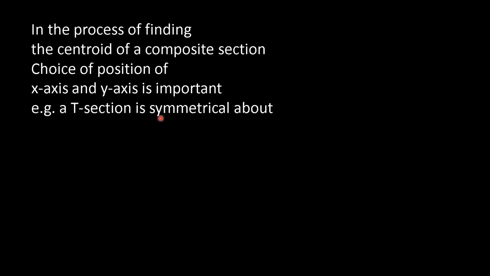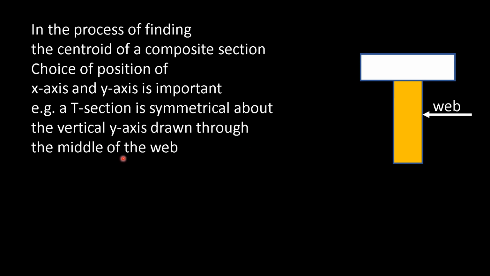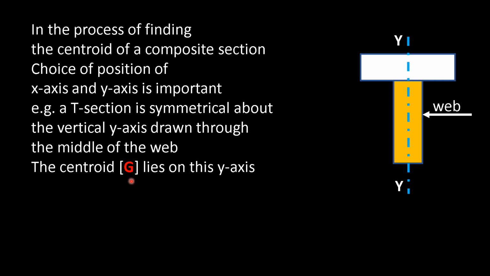In the process of finding the centroid of a composite section, choice of position of x-axis and y-axis is important. For example, a T-section is symmetrical about the vertical y-axis drawn through the middle of the web. The centroid G lies on this y-axis, somewhere here.